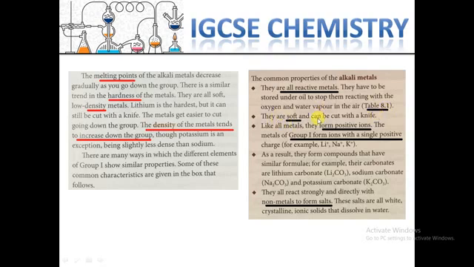They are very soft, even able to be cut with a knife, and they are able to form a positive ion by losing just one single electron, forming a lithium cation, sodium cation, and potassium cation. Two of these cations can also form a compound with carbonate, because carbonate has two negative charges.